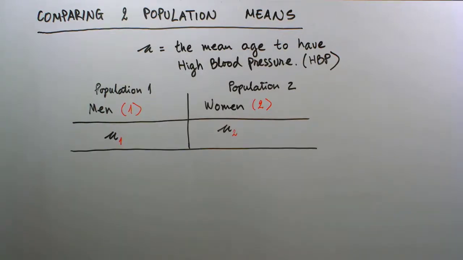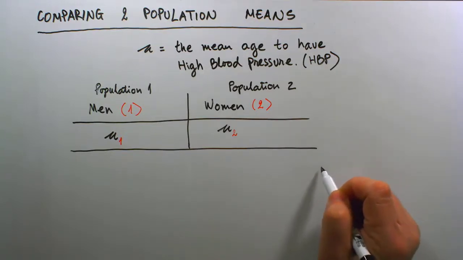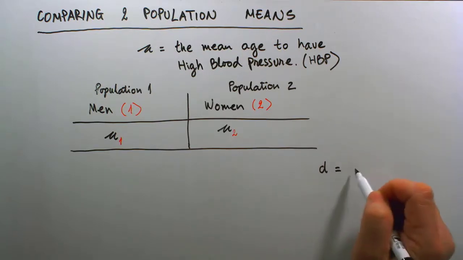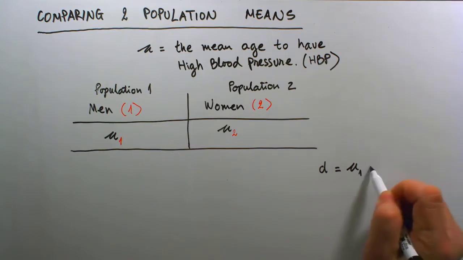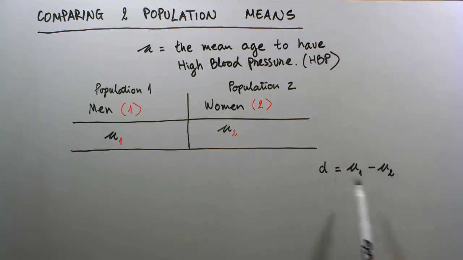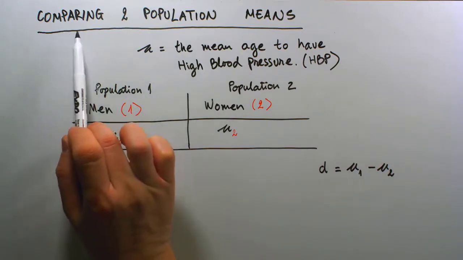And so now, comparing two population means, we are studying the difference. I'm going to define the difference D permanently as mu 1 minus mu 2.